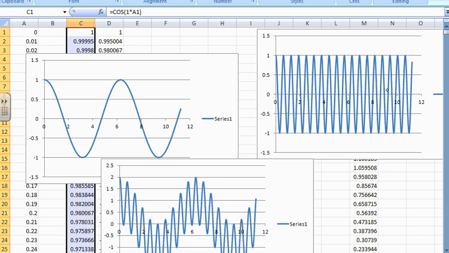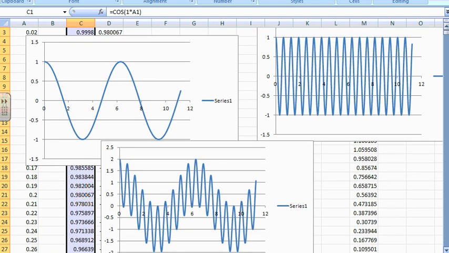The harmonics would be higher frequency. They look something like this. And the combined effect is an overall pattern of the fundamental frequency with little undulations riding on top of it that represent the harmonics.